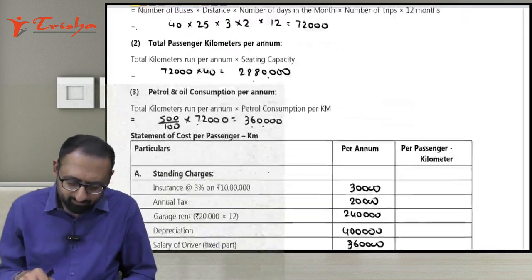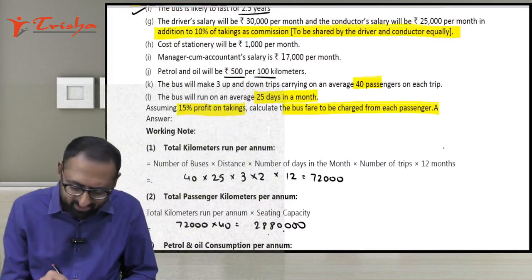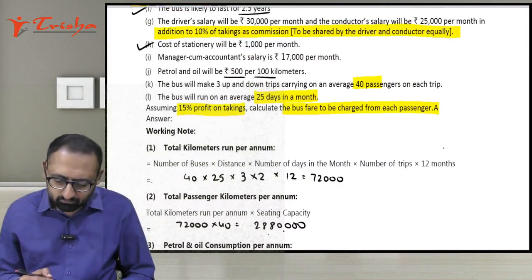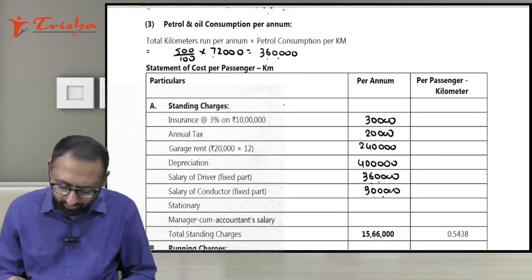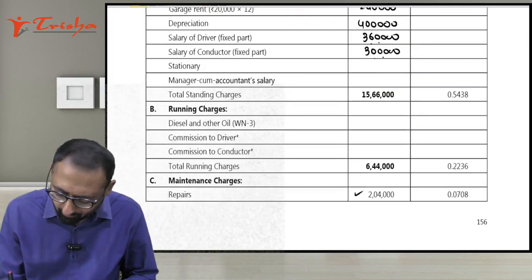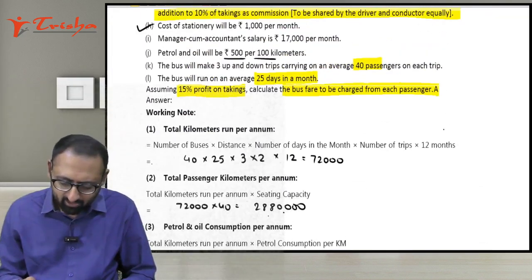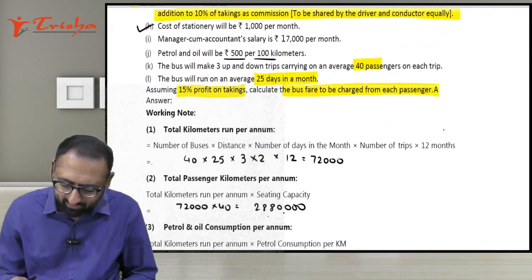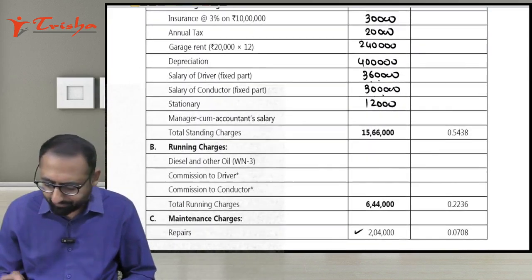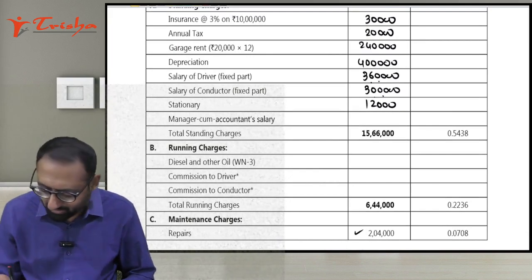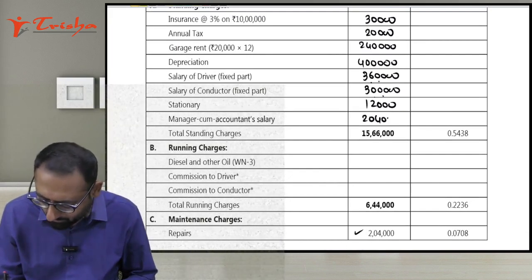Next item, administration stationery, 1,000 per month, so it will be 12,000. Manager cum accountant salary will also be a fixed expense, 17,000 per month. So 17,000 multiplied by 12, your answer comes to 2,04,000.